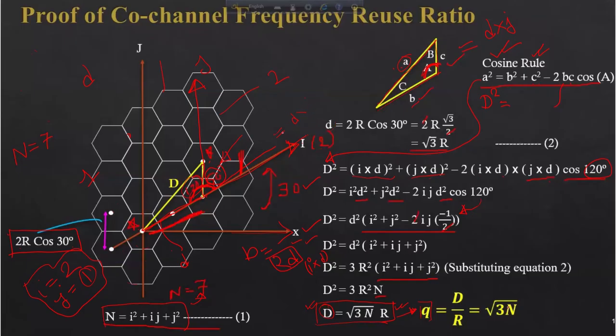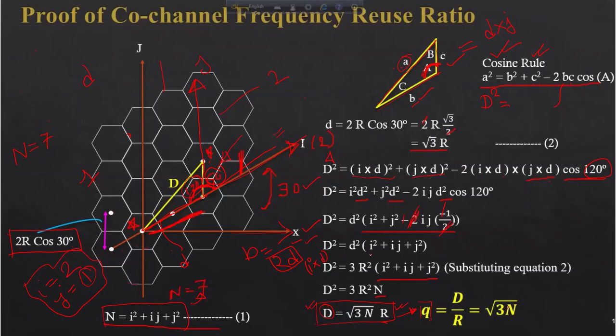Now, let's calculate. Capital D square is equal to I square d square plus J square d square minus 2 I J d square cos 120 degrees. The value of cos 120 degrees is minus half. So we are taking d square common. Here is I square plus J square minus 2 I J into minus half. Now this minus will be plus, and these 2 and 2 will be neutralized.